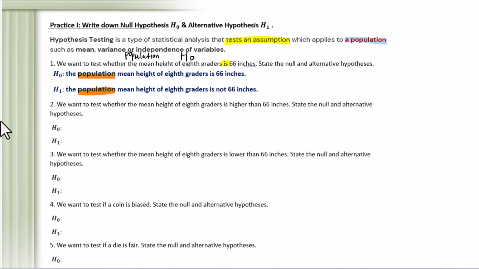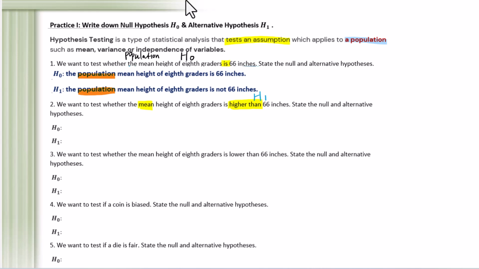Question 2. We want to test whether the mean height of 8th graders is higher than 66 inches. Since this is talking about mean, don't forget you need to add population. The population mean height of 8th graders is higher than. Higher than means not equal to. So this is H1.